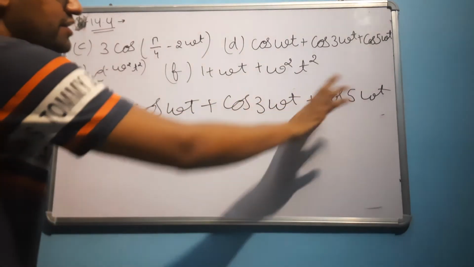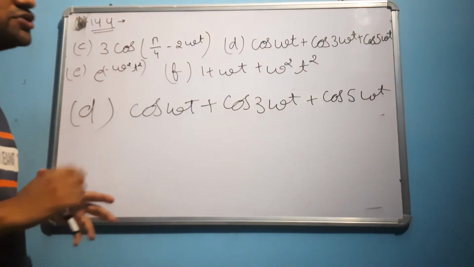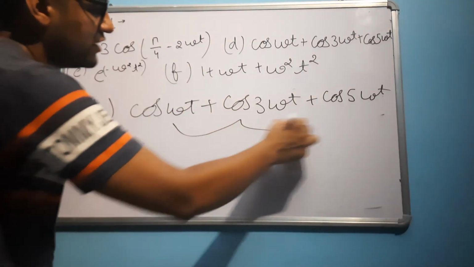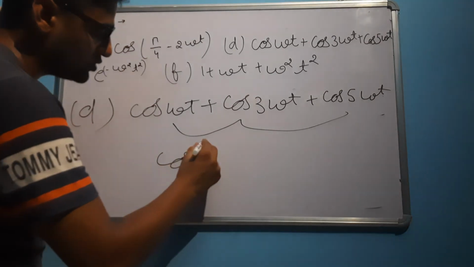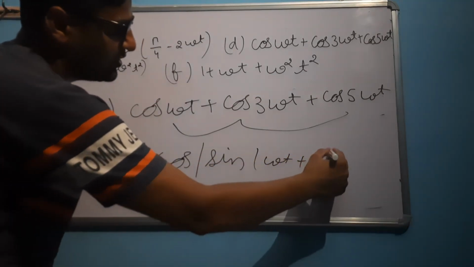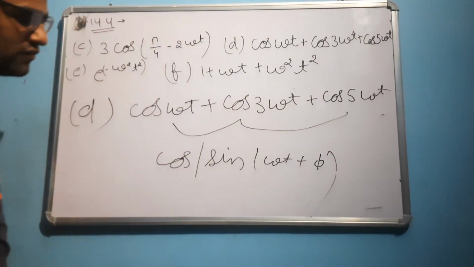These three identities separately are showing simple harmonic motion, but as a combination, the composition of three simple harmonic motions will be only a periodic motion, not simple harmonic motion, because the three of them cannot be combined in the formula of cos or sine of omega t plus phi. We cannot express the combined form in this form.